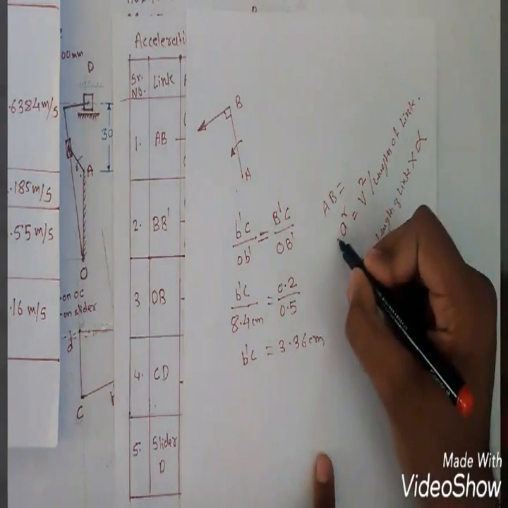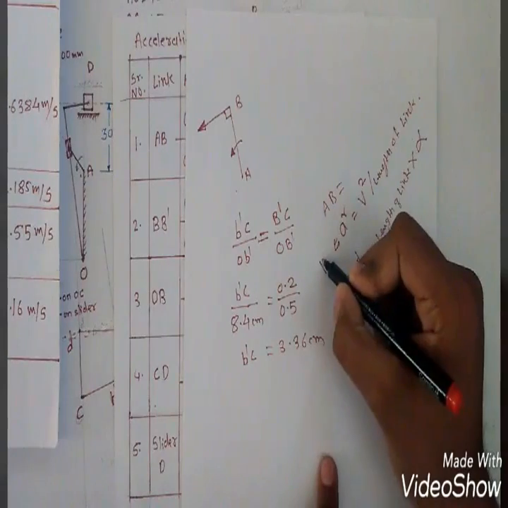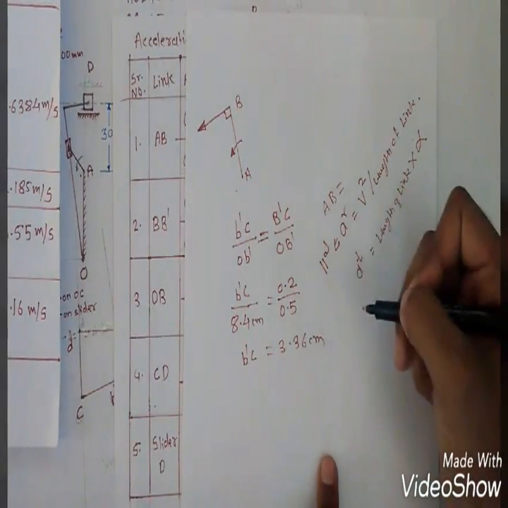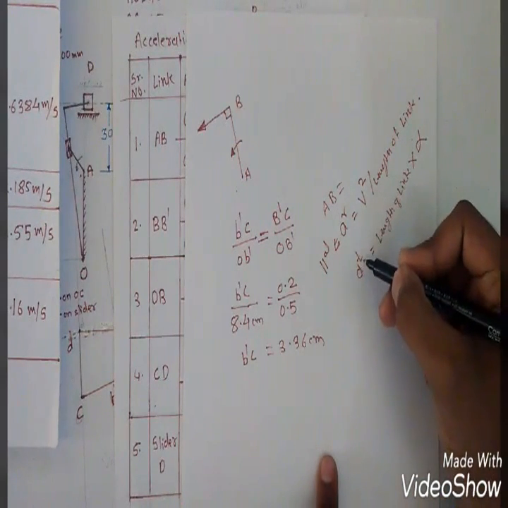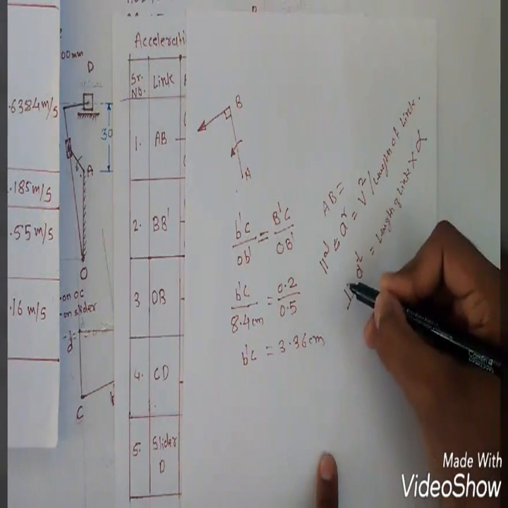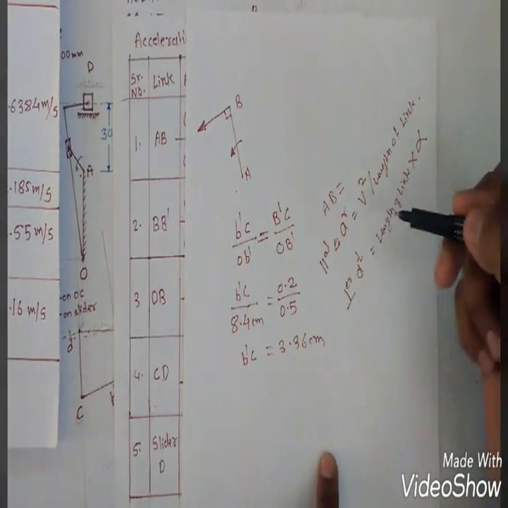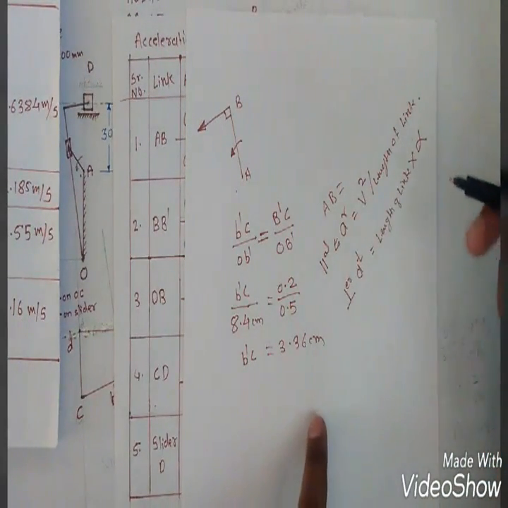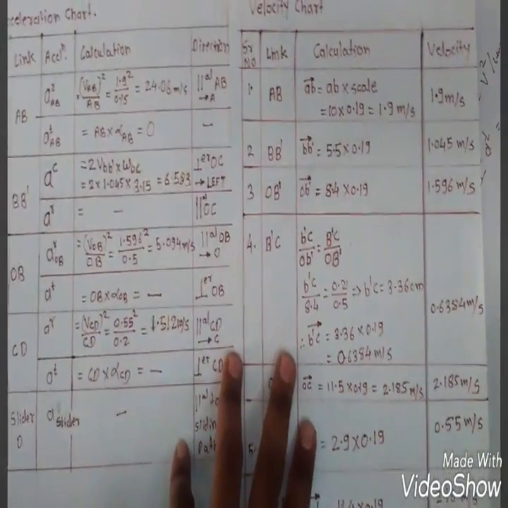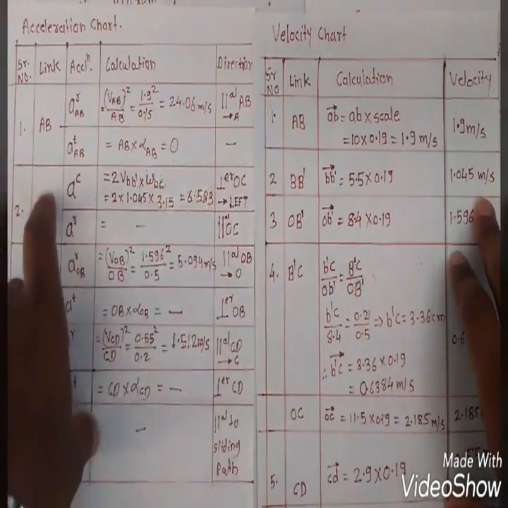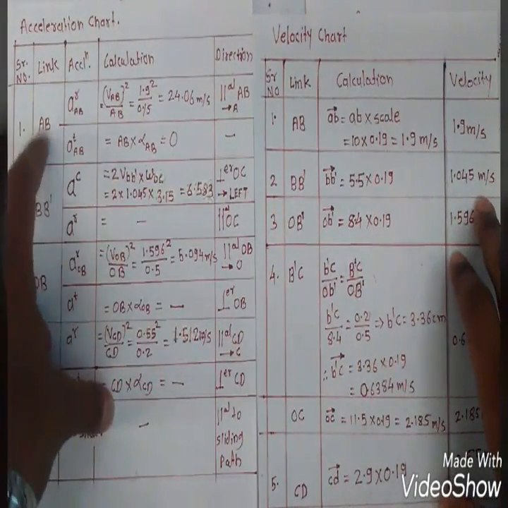The direction for radial acceleration is always parallel to that link and towards the center, and for tangential acceleration, it is always perpendicular. That basic information is required while drawing the acceleration diagram. I have prepared this acceleration chart already, and I will explain this chart.